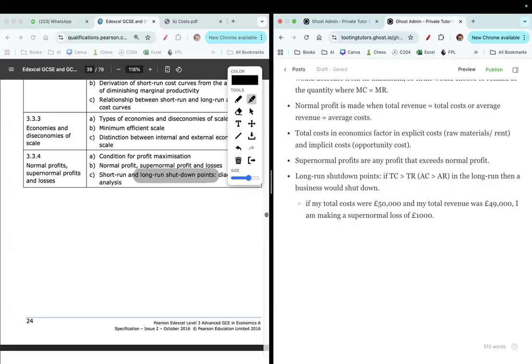In economics, we always add the word supernormal to any profit or any loss. Every time. And I'll tell you when we don't in a second. For now, we always add supernormal. That's just telling me that I've factored in my opportunity cost in that calculation.